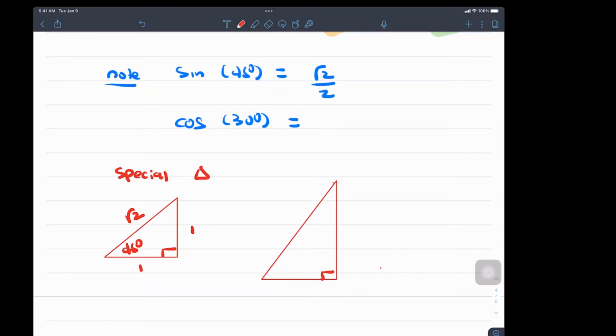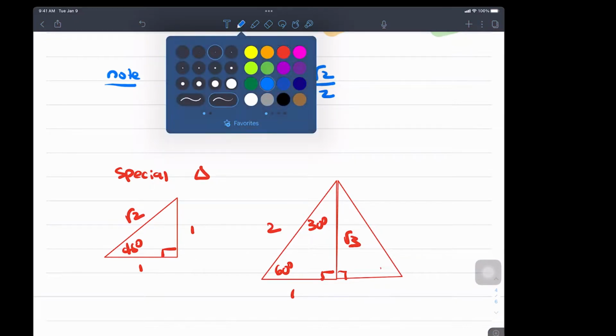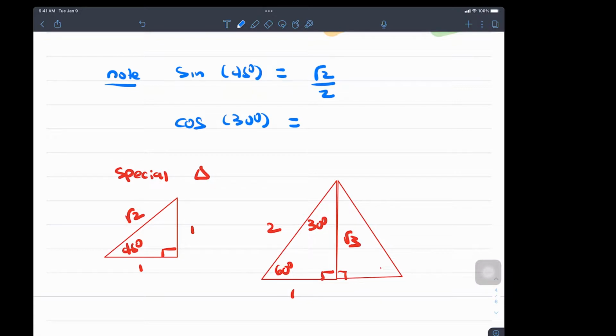The 60, 30: 1, 2, square root of 3. So what's cosine of 30? Remember the definition of cosine? Is that square root of 3 over 2? Is that right?